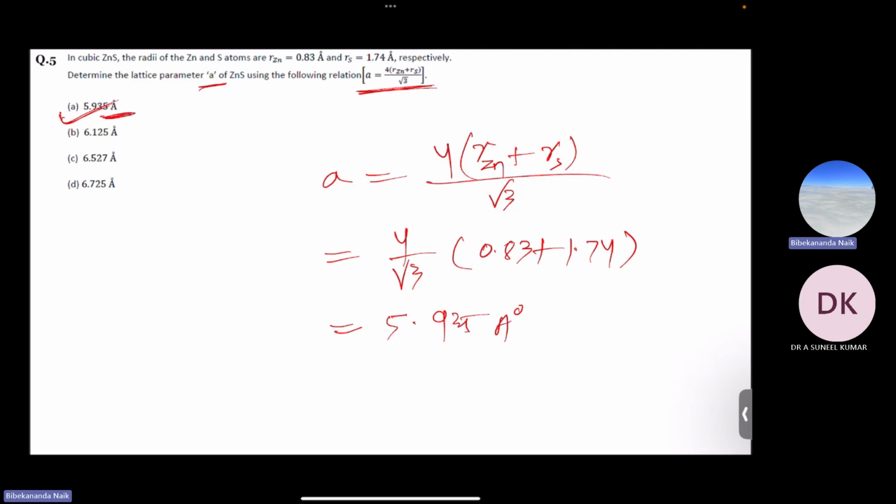If you talk about zinc sulfide structure, it is also called the zinc blende structure, and it is pretty much identical to the diamond structure.